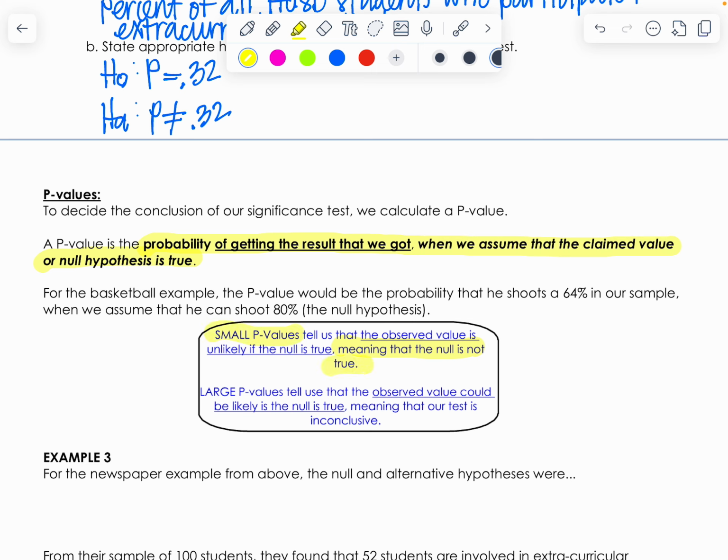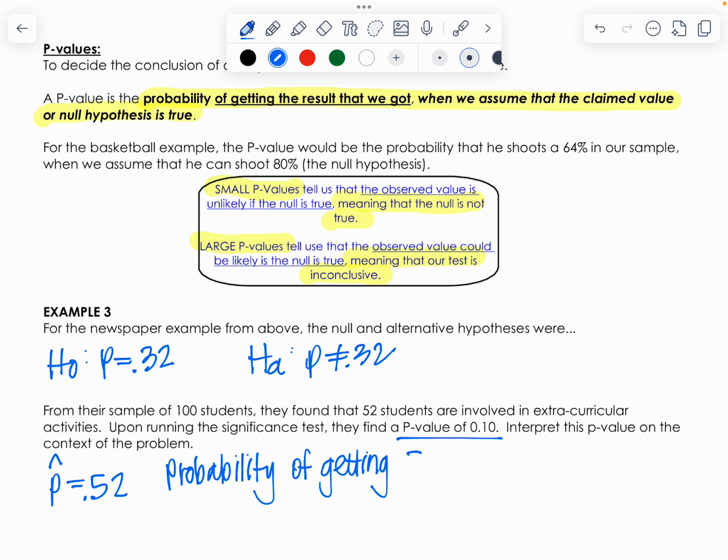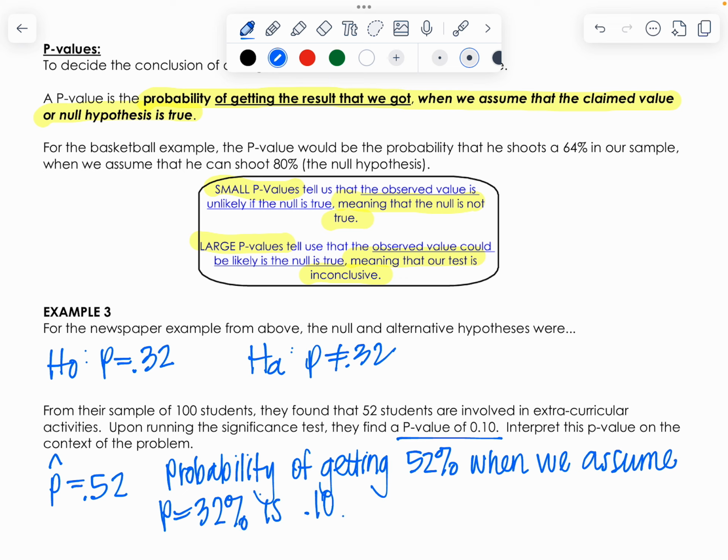So remember, that's a probability. So the probability, I'm going to scroll up so we can see this, of getting the result we got, so of getting 52% when we assume p equals, well, let's put it in percent, 32%, is 0.10 or 10%.